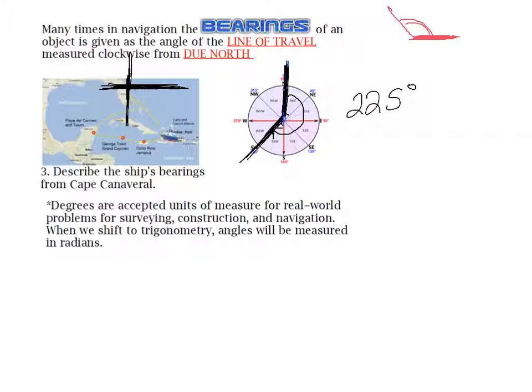I am looking from due north, so right here's due north, and here's my ship down here, and I have to measure this angle right here. Well, that's about 90 plus another 45. I would say those bearings are a 135-degree angle. And of course, I'm just estimating those angles, but that's the way measuring bearings works.